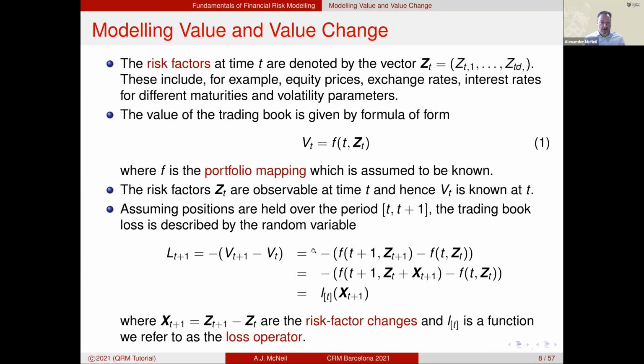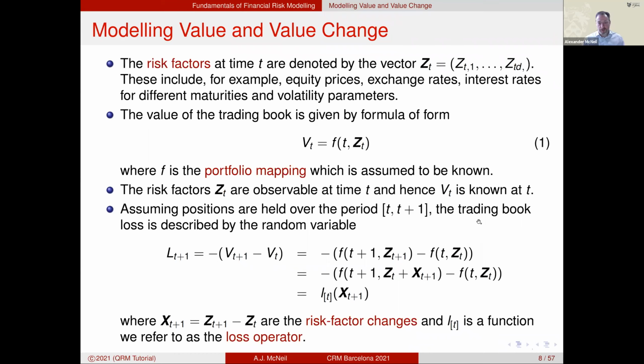And we are interested in profits and losses. To do the risk management and backtesting, I'm going to concentrate on the losses because we want to make sure that the bank is adequately capitalized to meet regulation and to withstand turbulence in the financial markets. So let's assume that the positions are held constant over a time step, which might be 1 day, although it could be longer. So t to t plus 1 could be a time step.